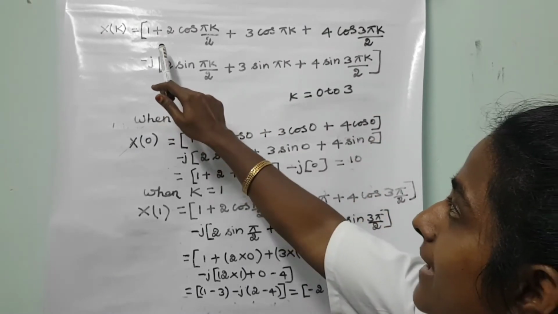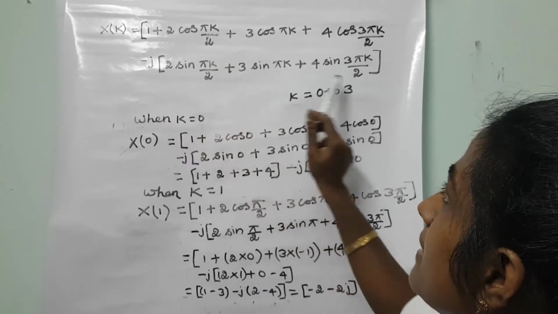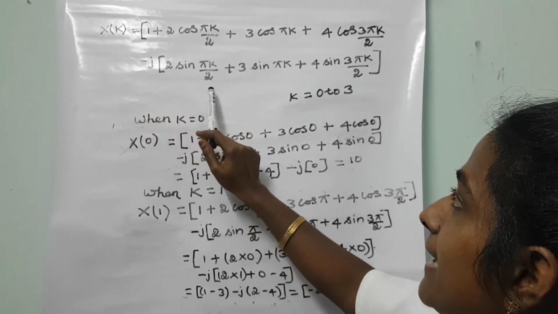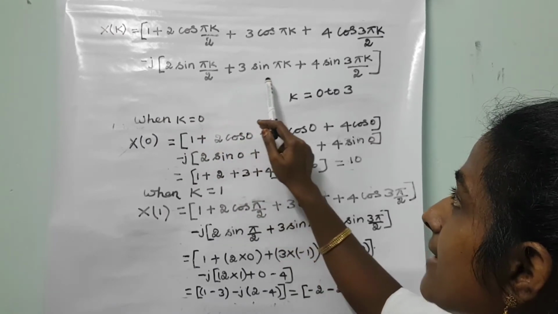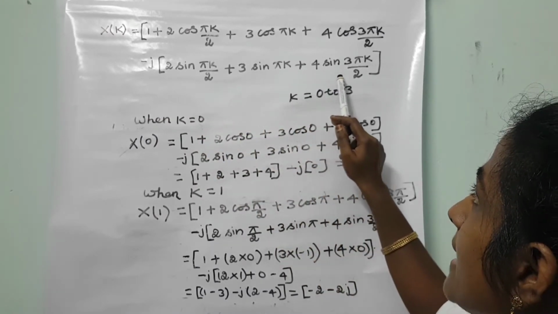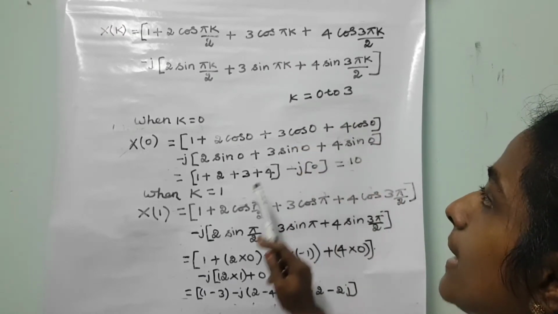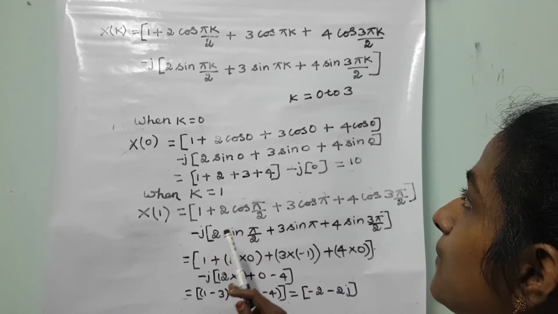So I have separated the real term and imaginary term like this. Minus j into 2 sin pi k divided by 2 plus 3 sin pi k plus 4 sin 3 pi k divided by 2, where k is equal to 0 to 3. Now we have to substitute the values for k.